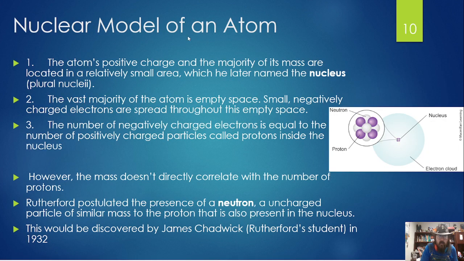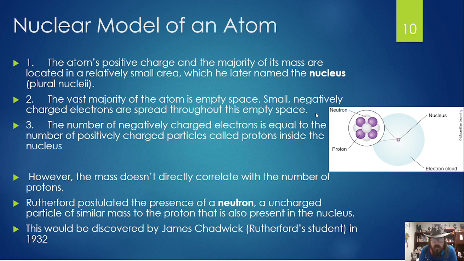Now, the nuclear model of the atom is a hypothesis that essentially has these basic premises. The atom's positive charge and the majority of the mass is located in a relatively small area, called the nucleus, thus the nuclear model. Plural of nucleus is nuclei. The vast majority of the atom is empty space.